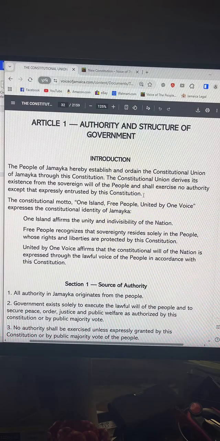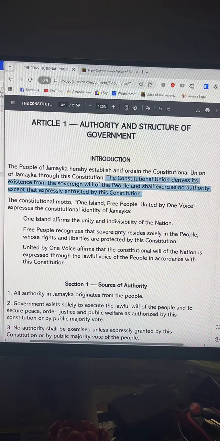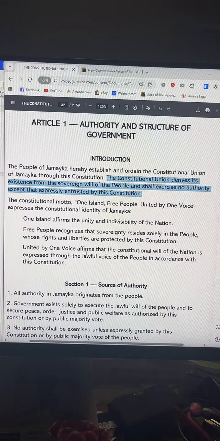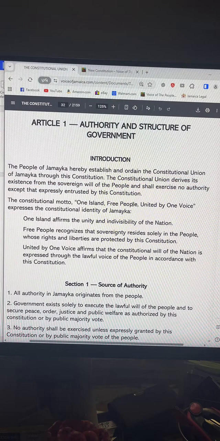So this here now is confining all actions to the constitution. The constitutional motto is one island, free people, united by one voice.